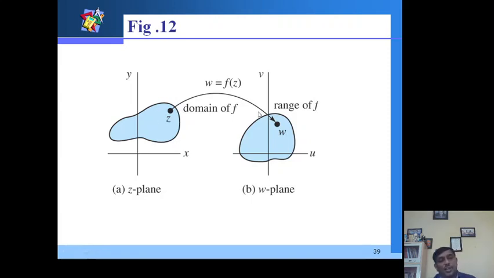Here there is a mapping w is equal to f of z, where x and y change from the domain of the function to the range of f. This is the representation of a function defined in a complex variable.